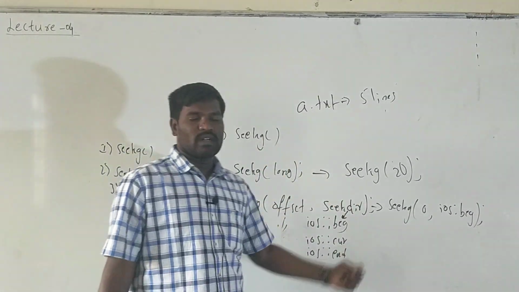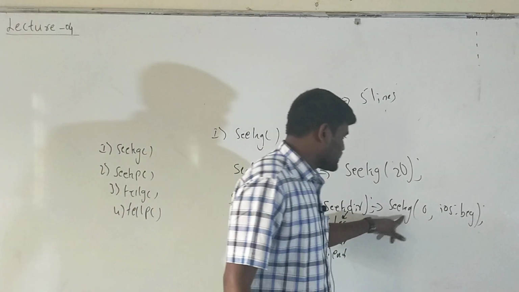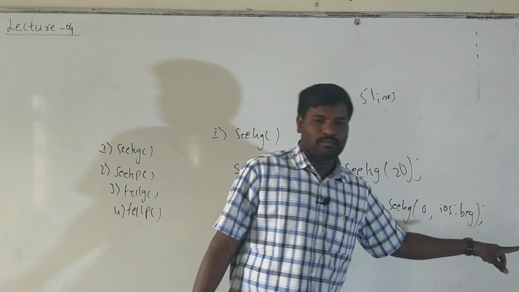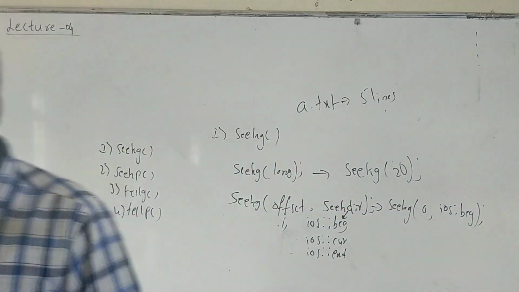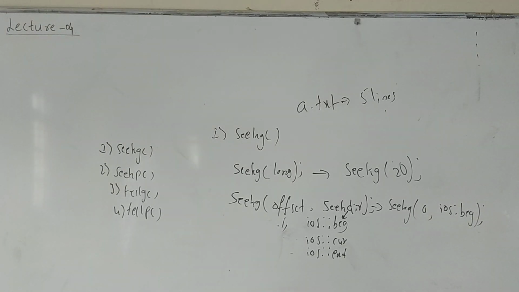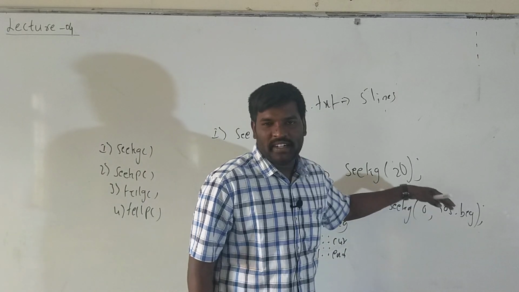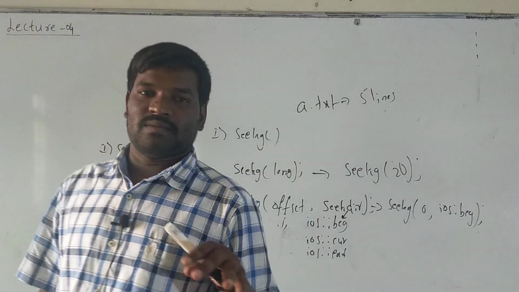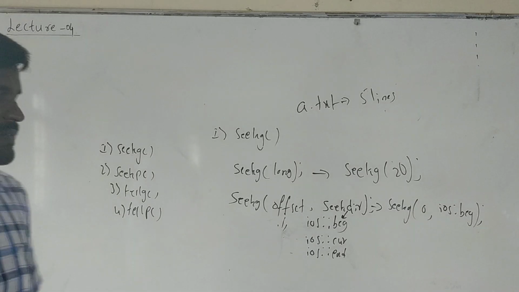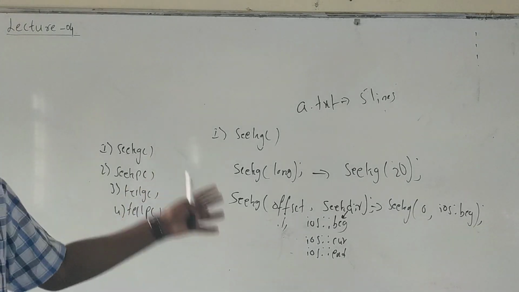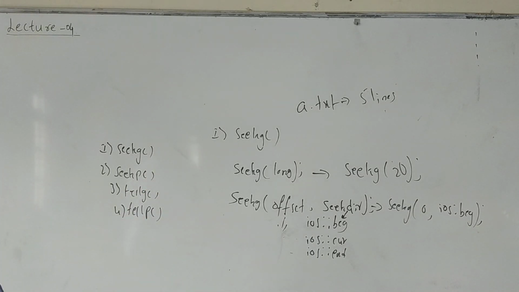Offset means here you have to mention the number. Seekg 0, ios beginning means it moves the get pointer to the beginning of the file. From the beginning of the file, it is moved and it is pointing to the first character.